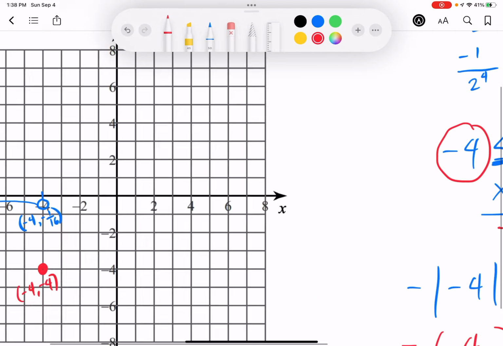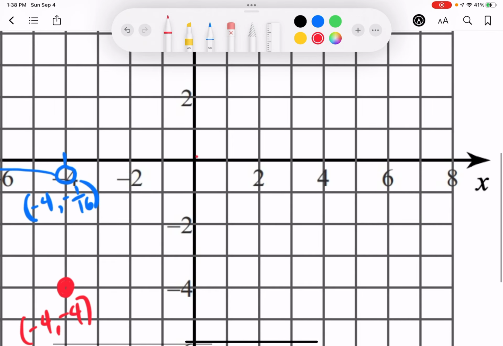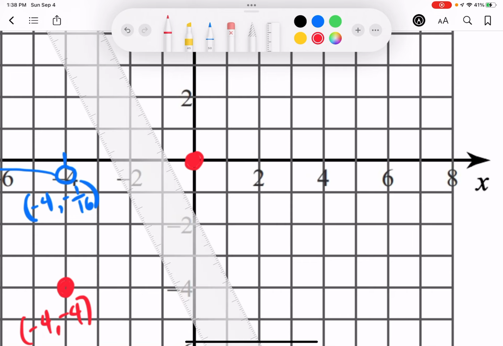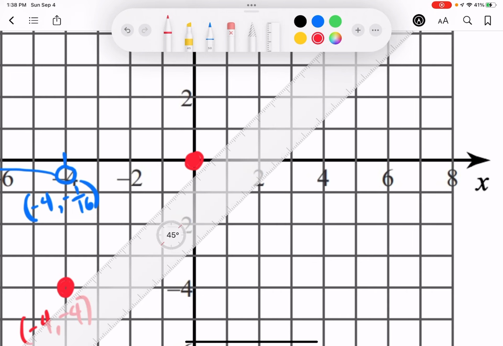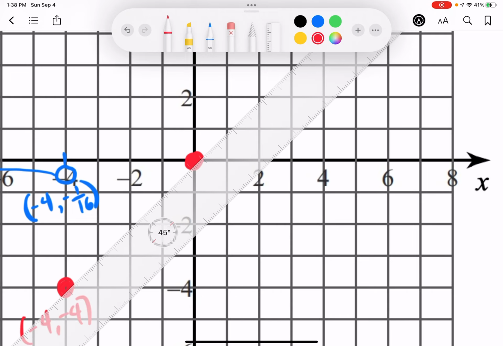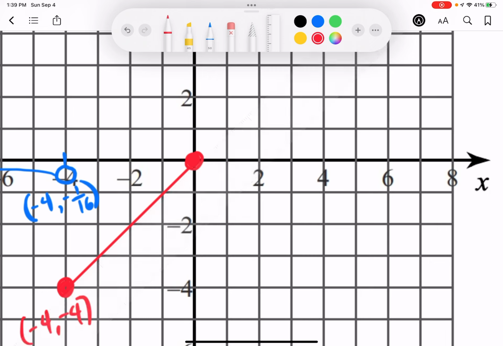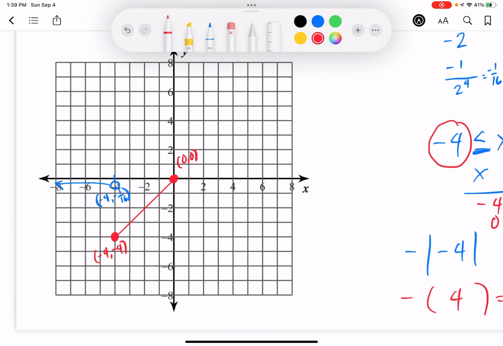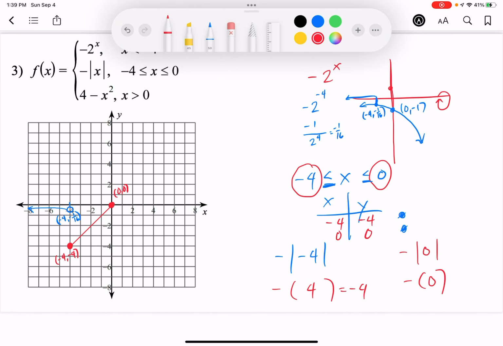So, nasa origin siya. Point of origin. Dito siya. Okay, sana nagigets niyo yung mga sinasabi ko. Ayan. Let's just connect them. Ayan. Okay, 0, 0.